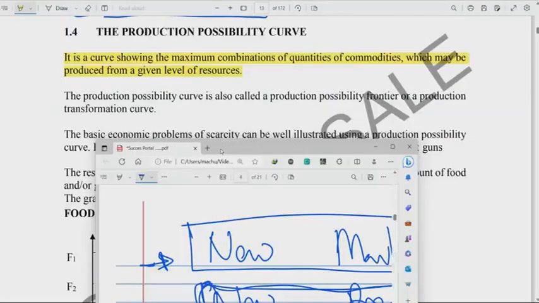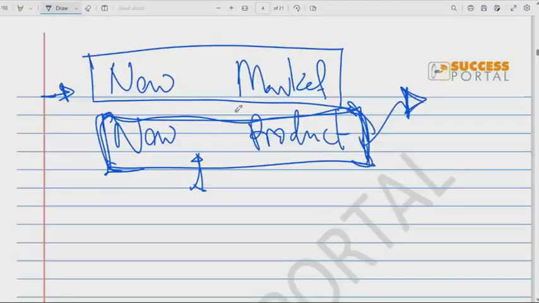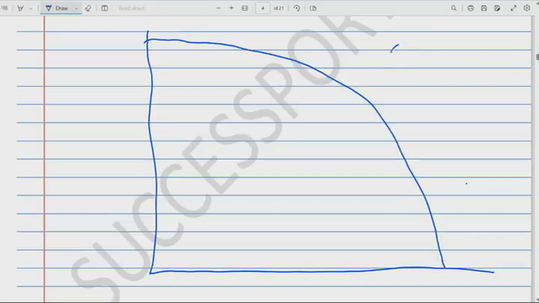As I said, there are a lot of graphs that we're going to be doing here. This one is probably the first. So you have your graph running like this, and the curve is concave. The shape is concave; it protrudes.